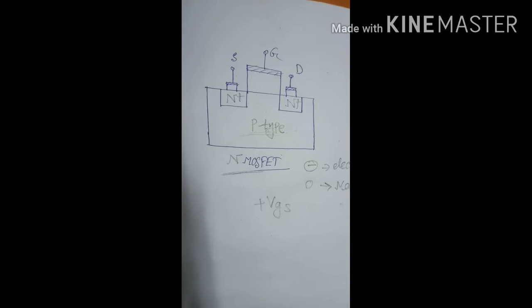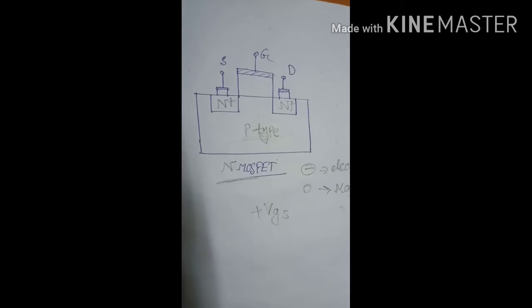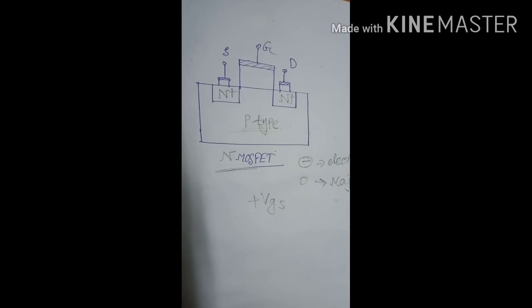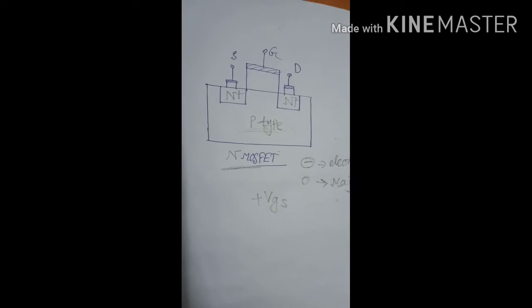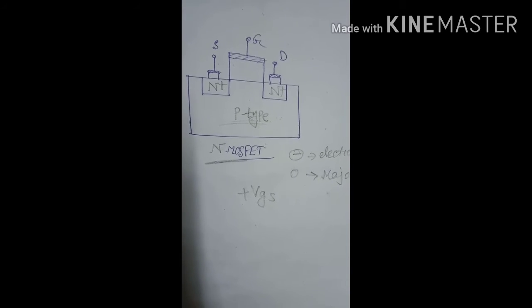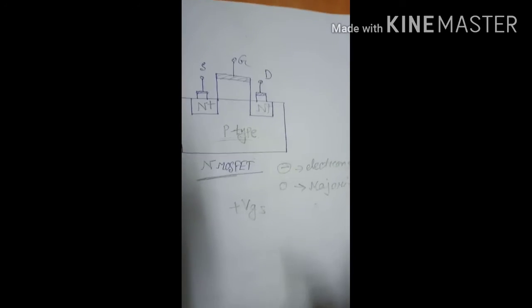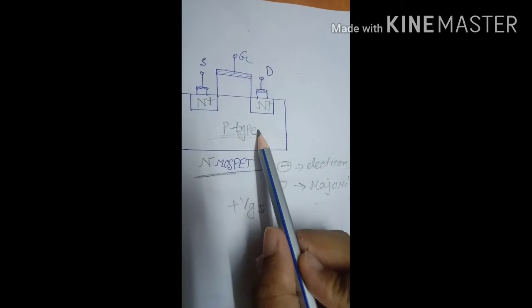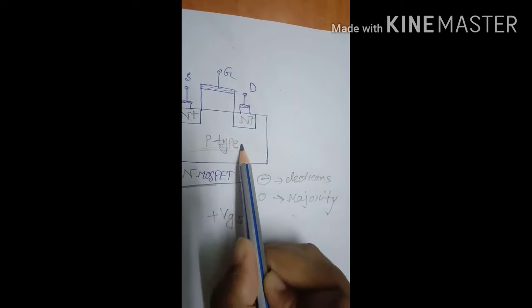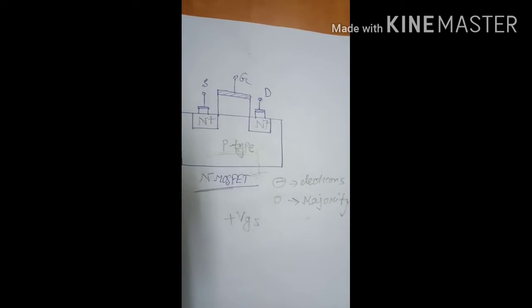When positive gate to source voltage is applied, then what will happen? The minority carriers, electrons, get attracted, and the holes will get repulsed and it will be dropped here towards their ground point.